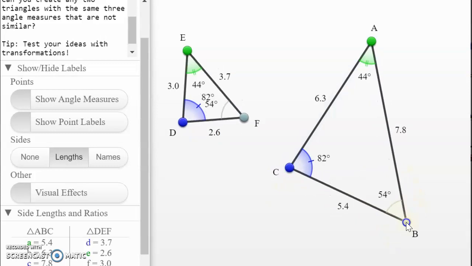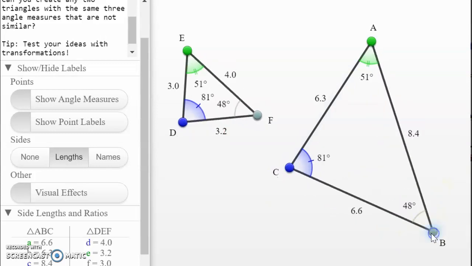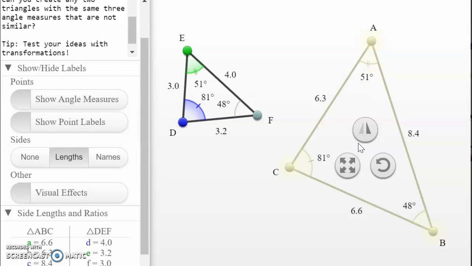So can you create two triangles that are not similar? How will I check to see if they are similar or not? You can also always use transformation. If I click on the figure, it gives you a reflection option.